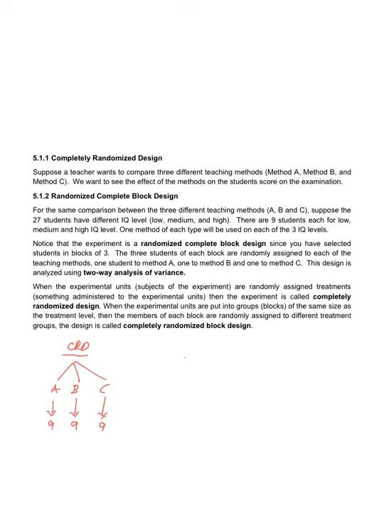That's why it is called completely randomized design. Once we have assigned each student to their respective teaching method, we collect the scores of the students during the examination. So that is the example for CRD.